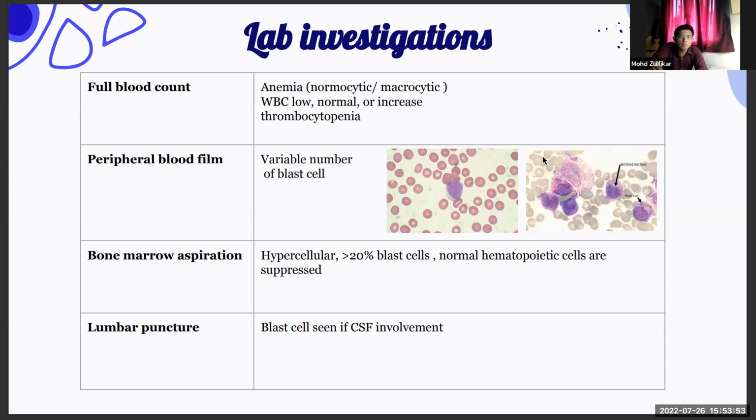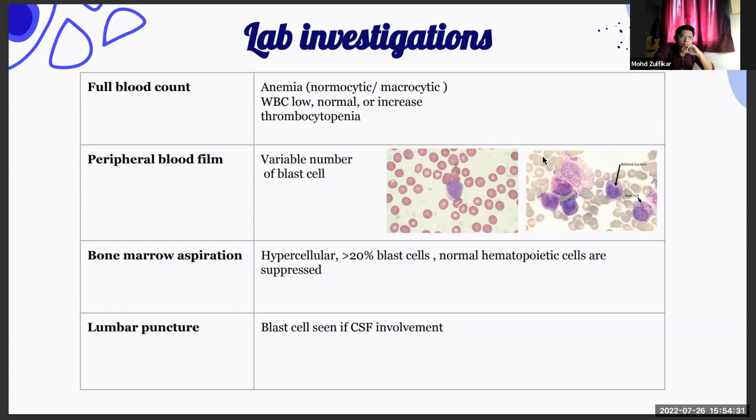On the peripheral film, we can see a variable number of blood cells. In acute lymphoblastic leukemia, in the first picture, what can we describe? The blood film of acute lymphoblastic leukemia has no granules, an increased nuclear to cytoplasmic ratio with scanty cytoplasm, and less prominent nucleoli.